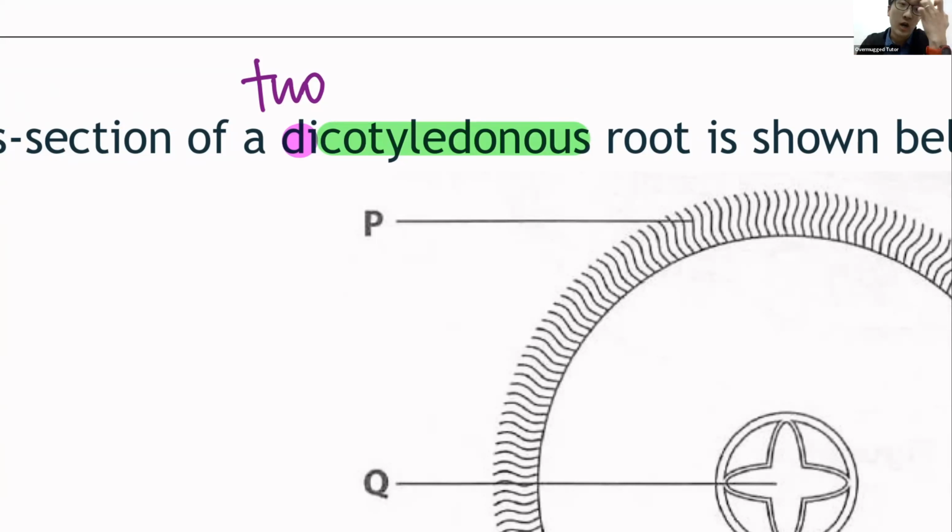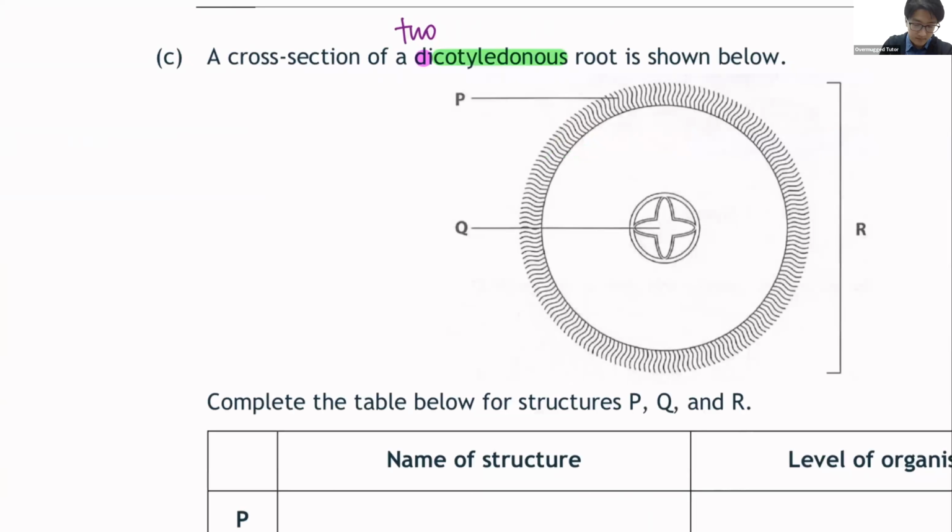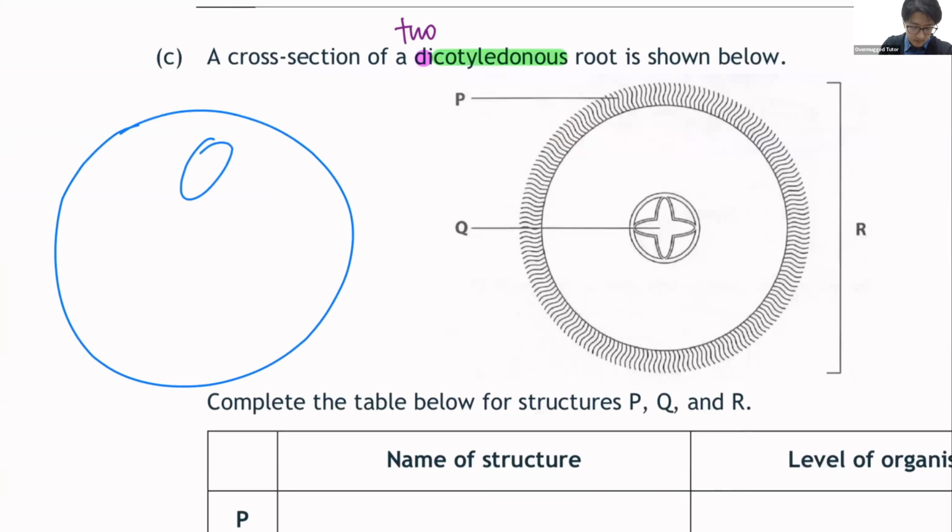Okay, so as far as your syllabus goes, you only need to know this. You don't need to know any more differences. Our syllabus only focuses on dicotyledonous plants because the structures of the xylem and phloem are different. Since primary school, we learned that in a stem, the xylem and phloem are arranged in a neat ring around the stem, correct?